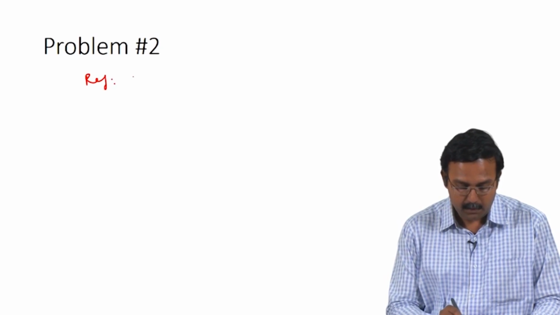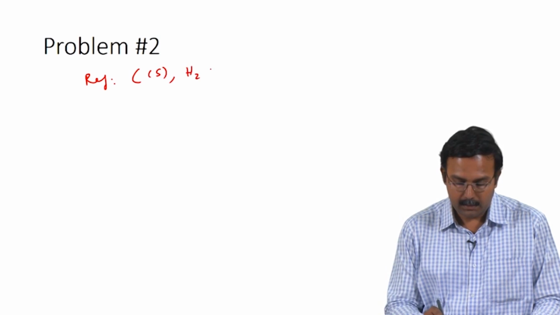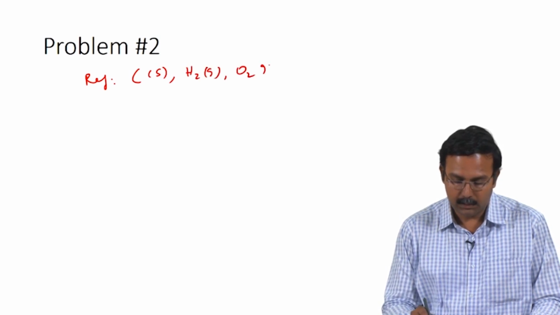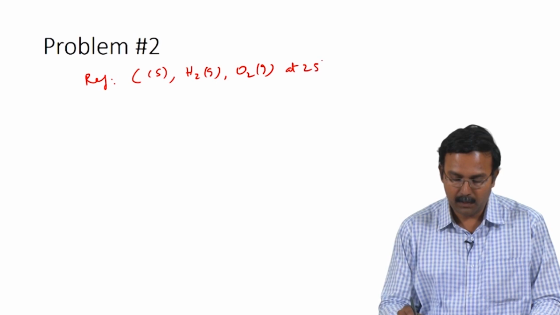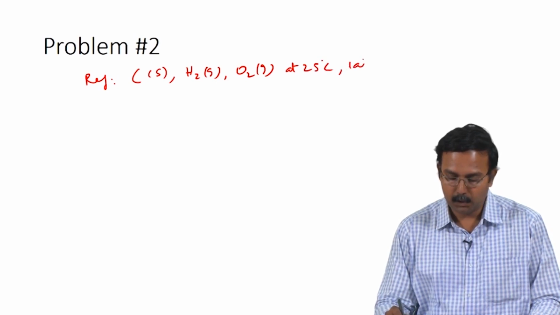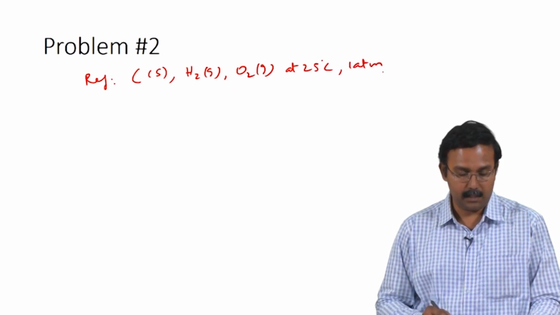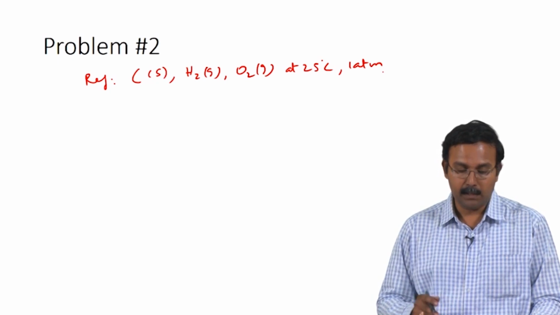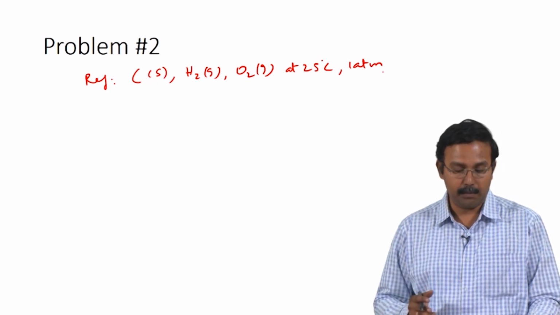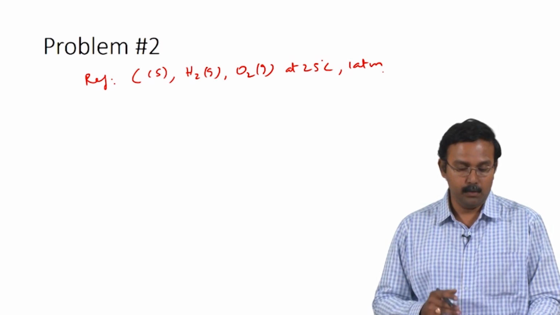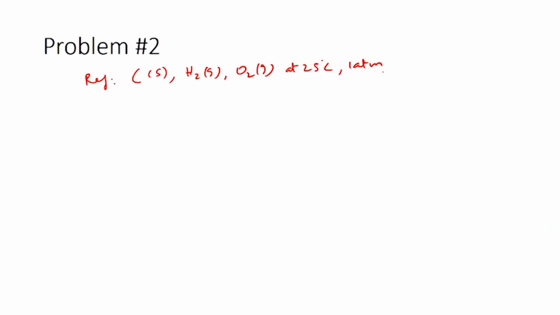So, the reference state would be carbon solid, hydrogen gas and oxygen gas all at 25 degrees Celsius and 1 atmosphere. Assuming ideal gas behavior, we will not have to worry about change in pressure. So, we will only use the temperature effect on enthalpies.